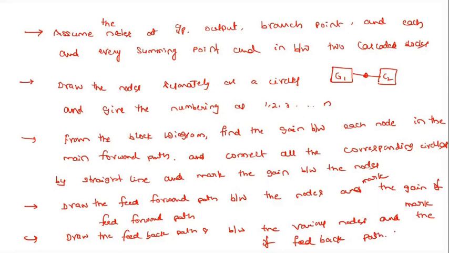So these are all the 5 points to convert a block diagram into a signal flow graph.